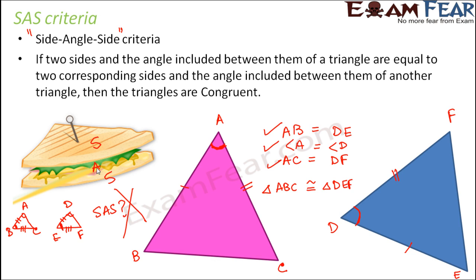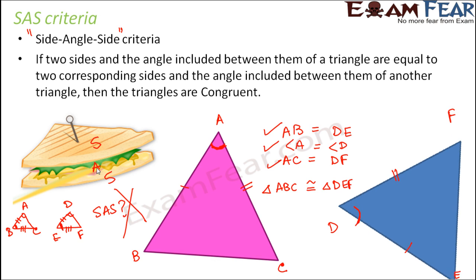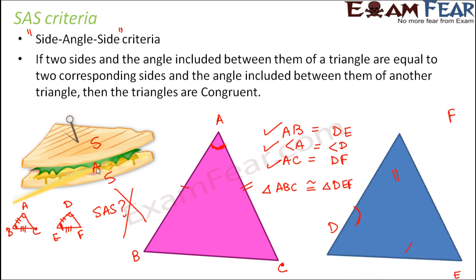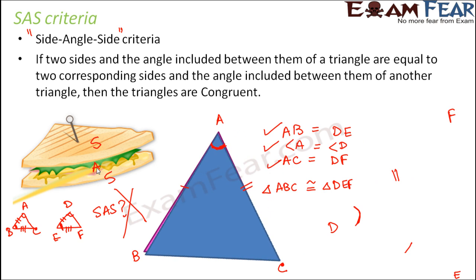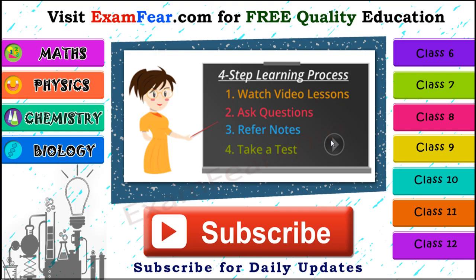I hope this criteria for congruence is making sense to you, because what we are trying to do basically is, instead of overlapping two triangles every time to see if they are congruent or not, we are just coming up with a certain set of rules so that it becomes easier for us to find out if two triangles are congruent. So in this case, as I mentioned, you see these two triangles are absolutely congruent. Anyways, we proved it by the SAS criteria.